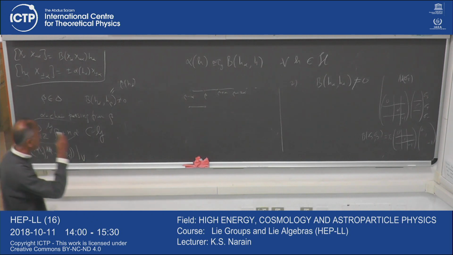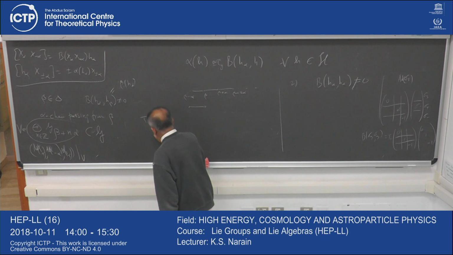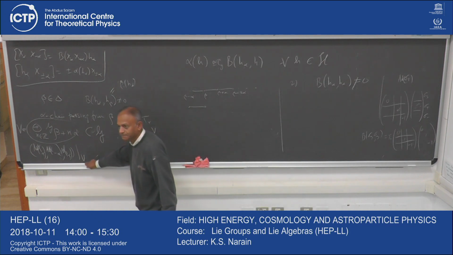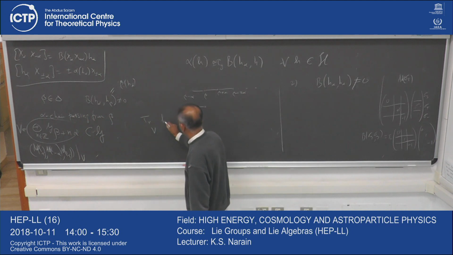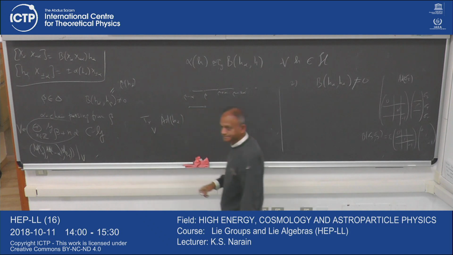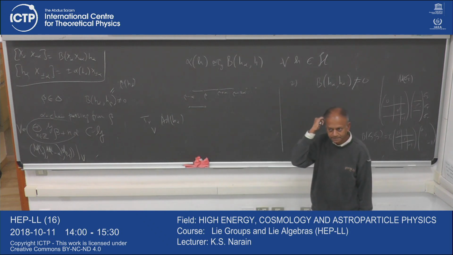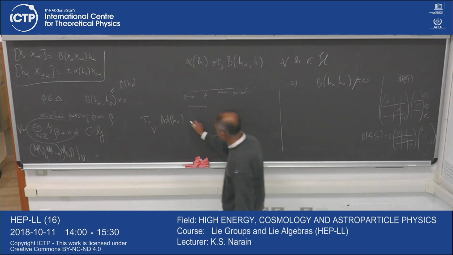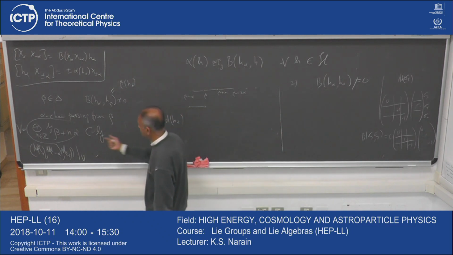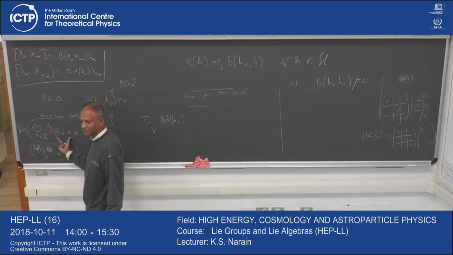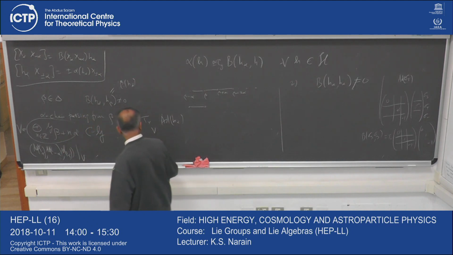So then we just look at the trace, with everything restricted to the V space, in that small space, of ad H alpha. So we want to look at that trace. This of course one can directly calculate, because I know how H alpha acts on each of these spaces. They are eigenstates, so I can just compute it.